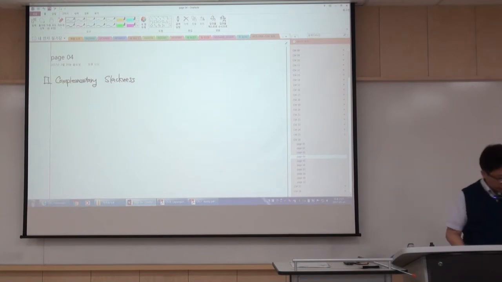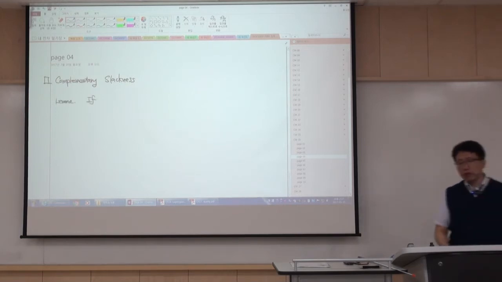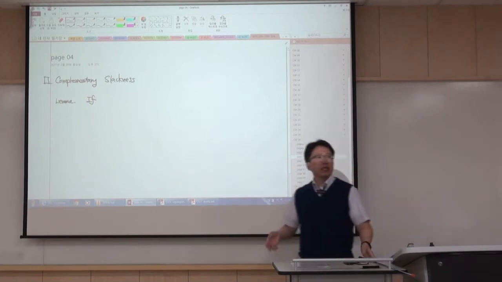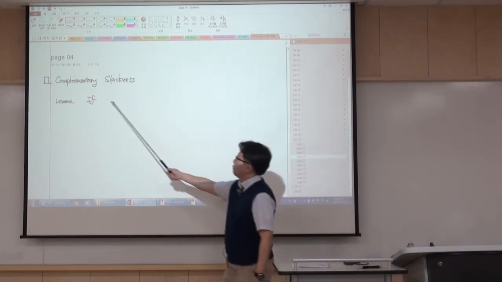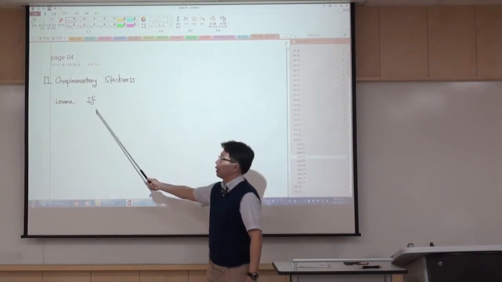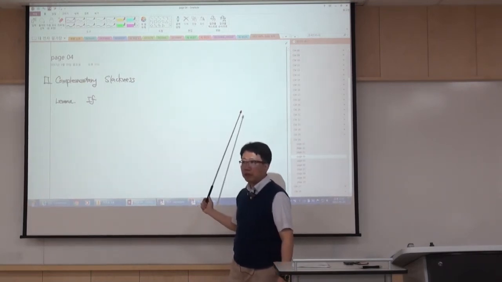Complementary slackness is stated this way. It's a kind of lemma. Whenever you have a lemma or theorem, usually it's in the form of a statement: if blah blah blah, then blah blah blah, right?